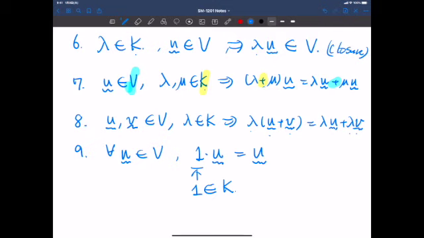If this K is the real numbers or complex numbers or rational numbers, then this 1 is the ordinary 1 as a number. But in general, this 1 is the multiplicative identity element of the field K.